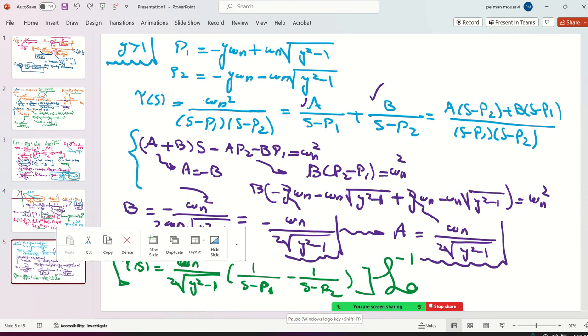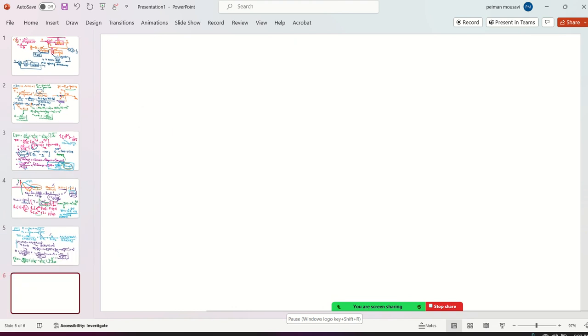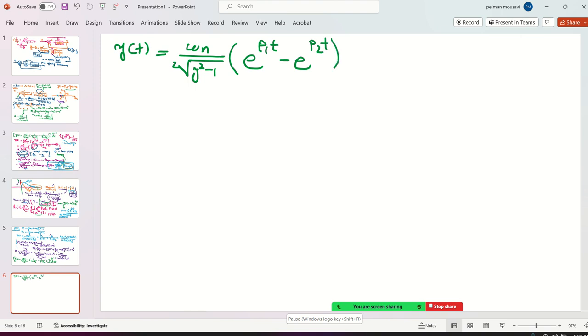So you get, as I did, y of t is omega n over 2 square root of zeta square minus 1 times e to the p1 t minus e to the p2 t.